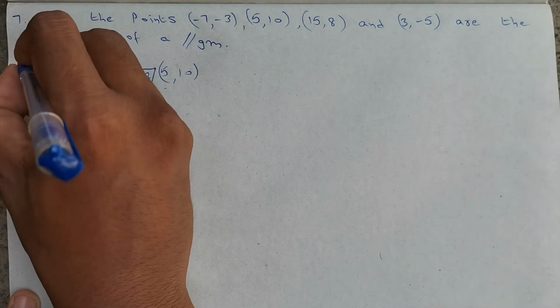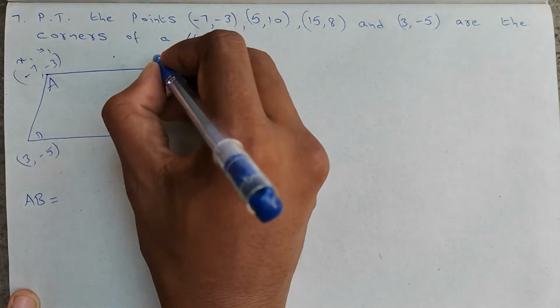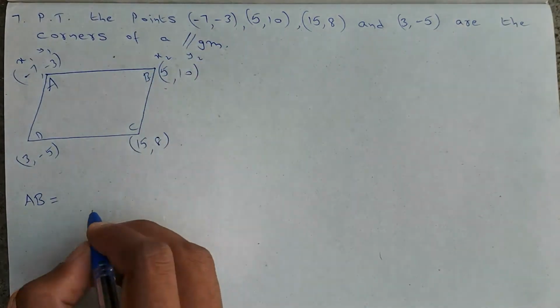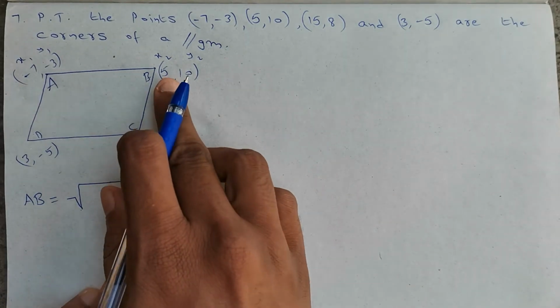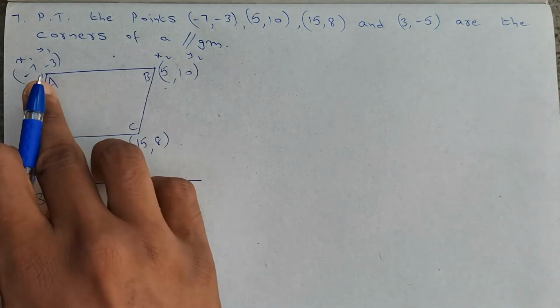This is x1 y1, this is x2 y2. So under root of x2 minus x1. x2 is 5 and x1 is minus 7.